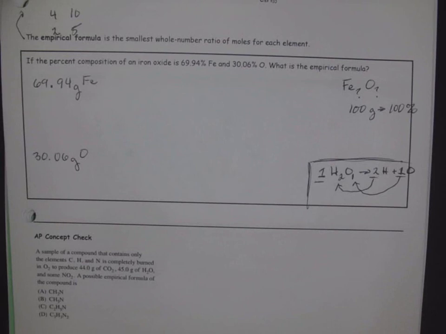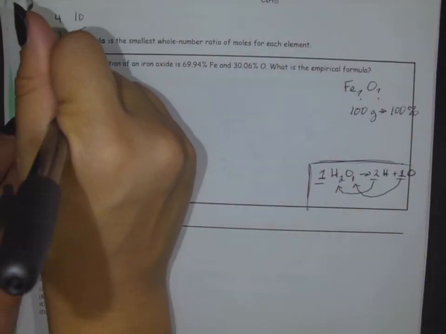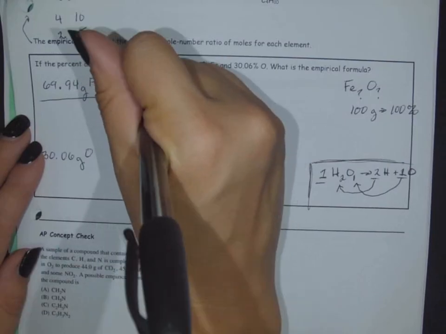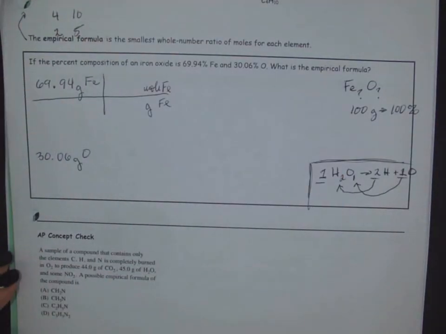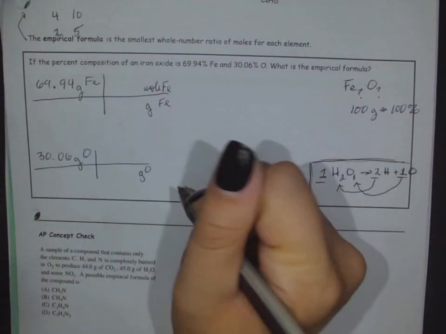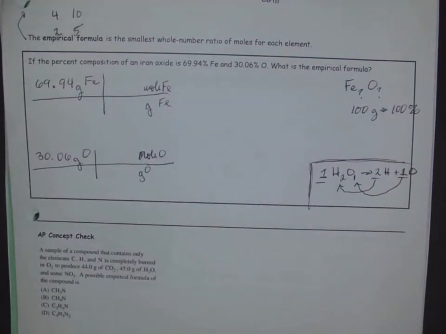Moles are our bridge, how we get from point A to point B. Right now we're going from percentage to empirical formula, and our bridge to getting there is moles. So if I have 69.94 grams of iron, let's figure out how many moles of iron that's going to be. And then I want to do the exact same thing for the oxygen. Here's my grams of oxygen. I want to end with moles of oxygen.